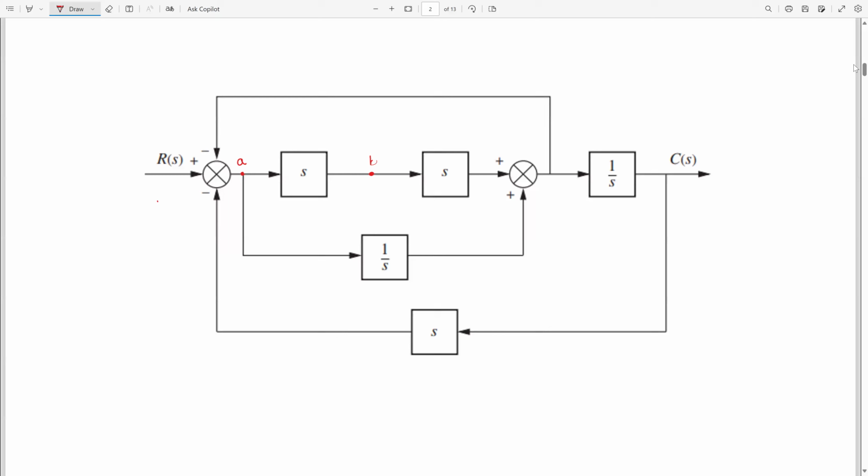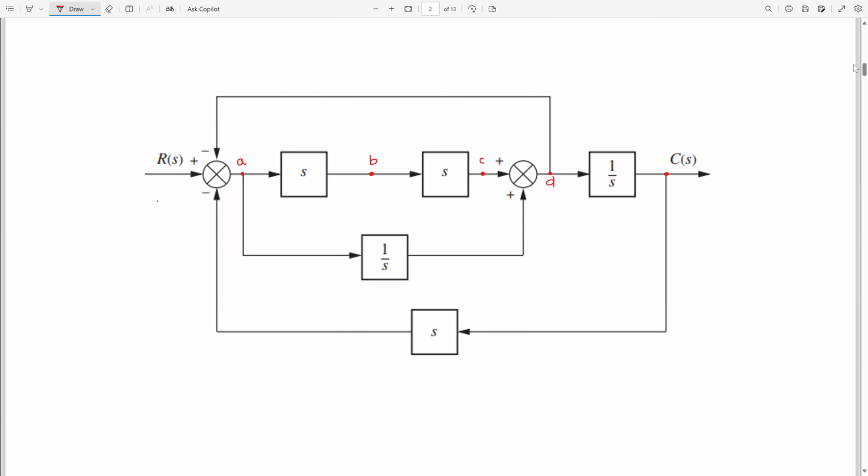Let's name it B. I identify another signal here. Let's name it C. I move along and identify another signal here. Let's name it D. I move along and identify another signal here, but I can't name it because it has already been named, which is C of S.